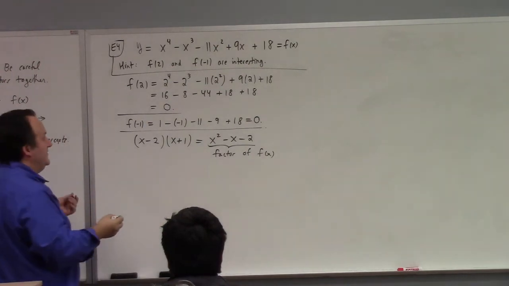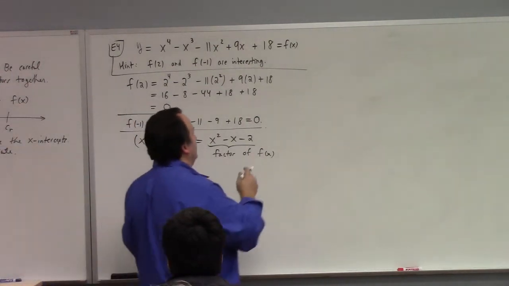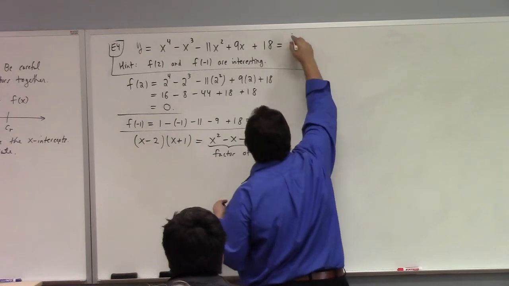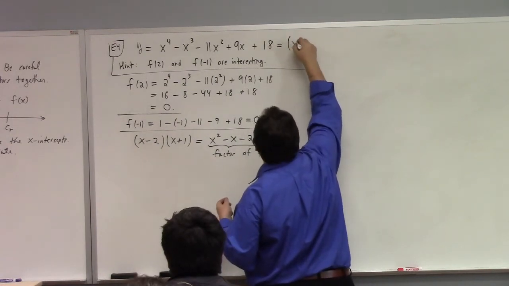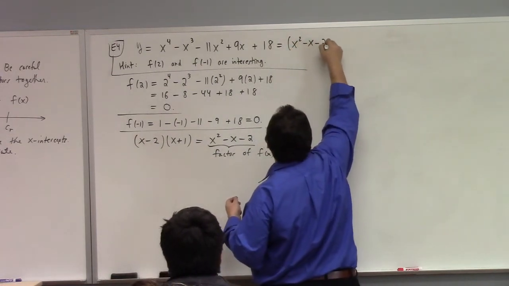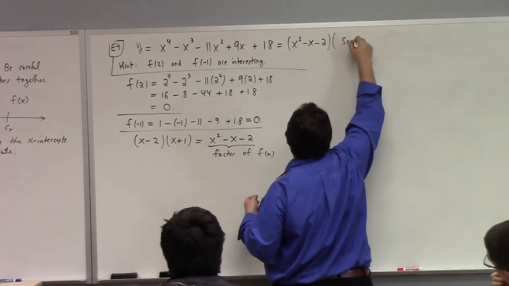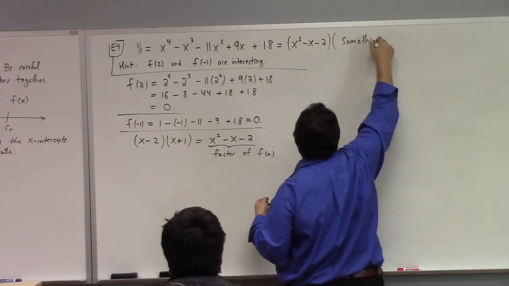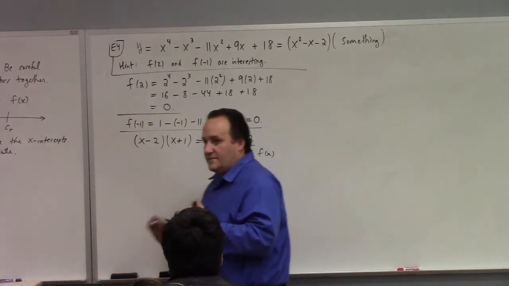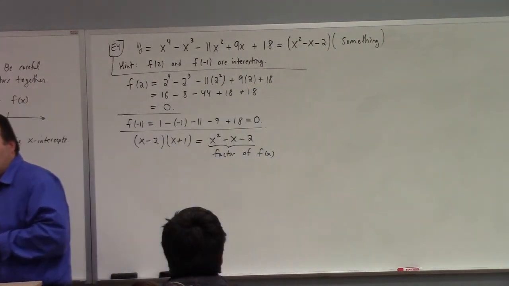What does that mean? That means that you can write this f of x as x squared minus x minus 2 times something. Right? That's what it means for it to be a factor. What is that something? How do you find the something?